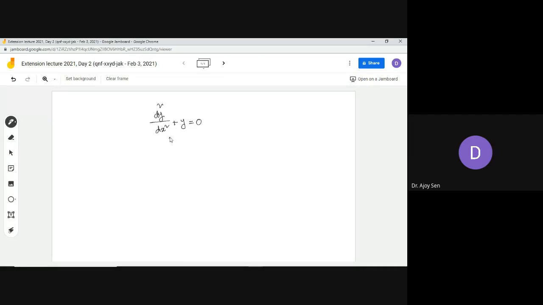So this is a differential equation. As you can see, it's actually a boundary value problem, and you can check that this problem has no solution.